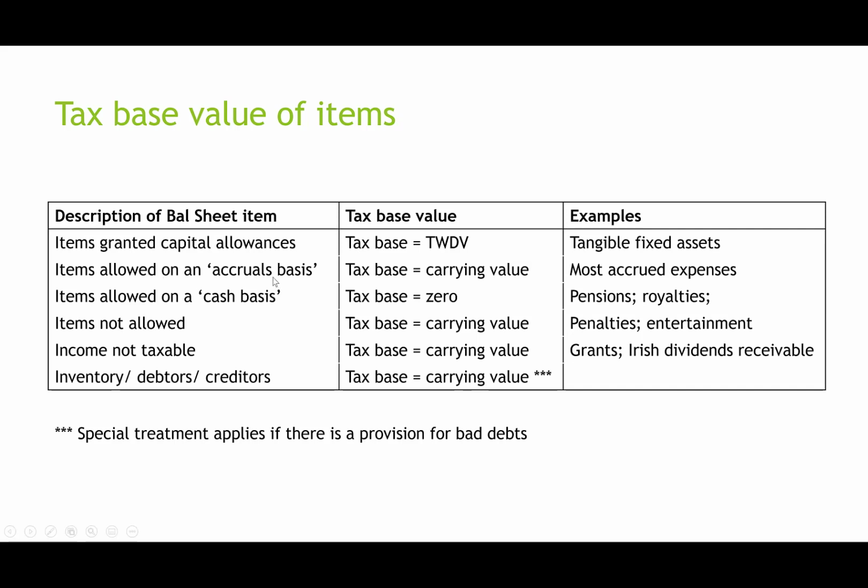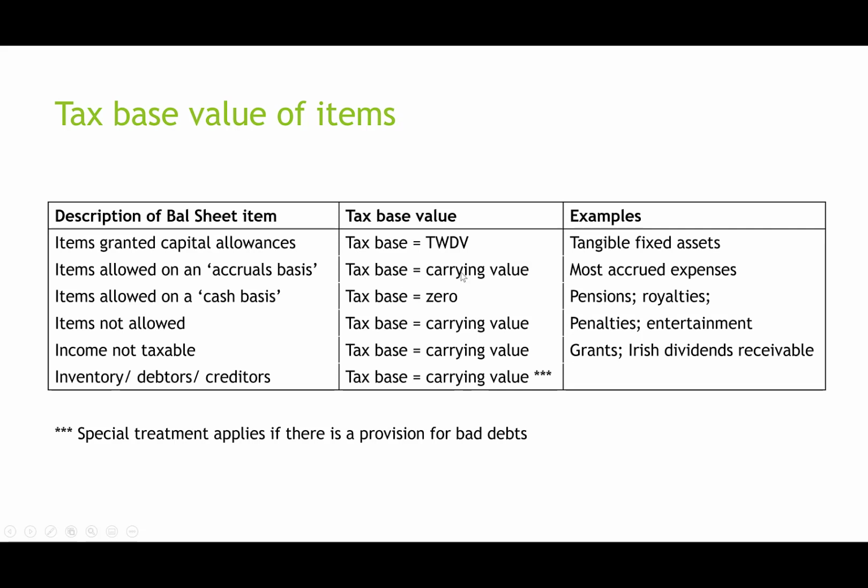So if we don't add back a value in a case 1 computation because it is accrued, that tells me that the item is allowed for tax purposes on an accruals basis. So think about that again. If you don't need to add back an accrued value in a tax computation, then that item is allowed for tax purposes on an accruals basis.